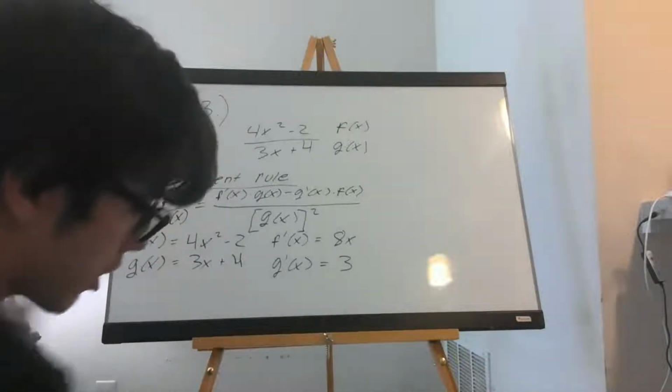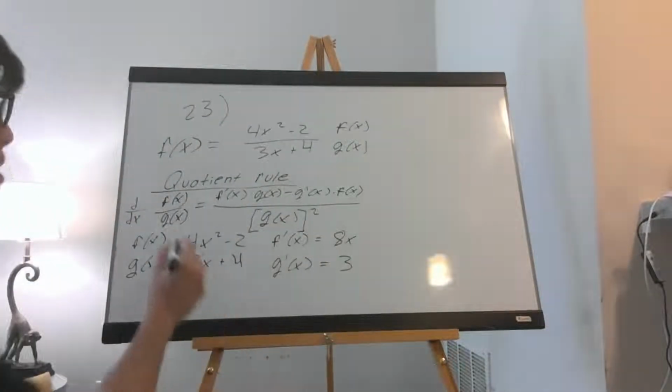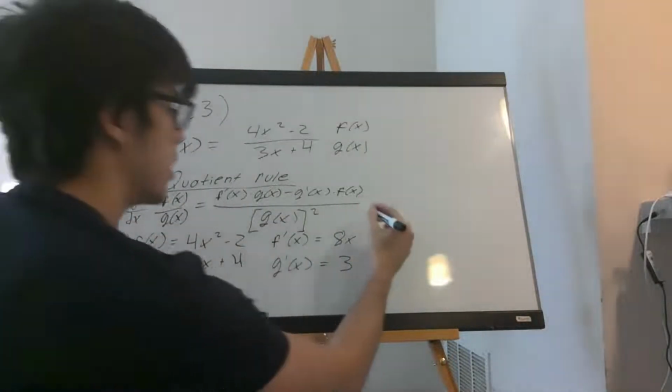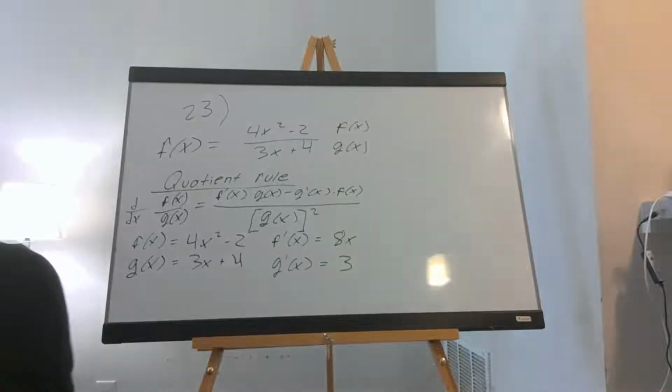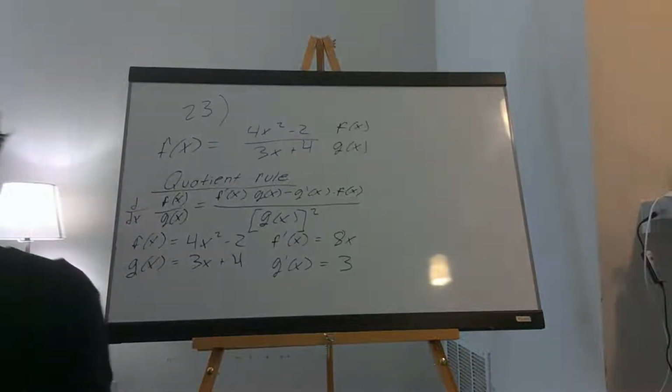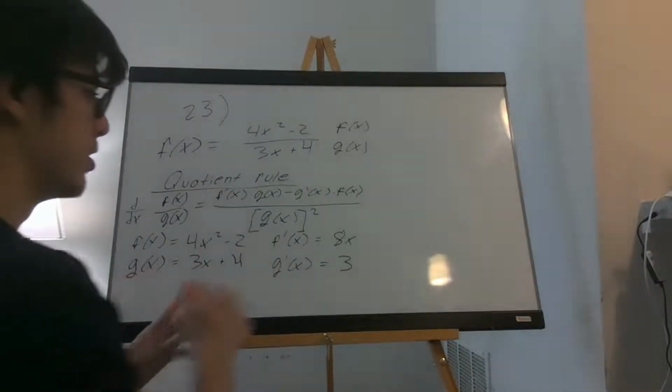You know what? I'm just going to put this down. So f prime of x, I'm going to write this in red so it's easy to see. I'll work all the algebra on this side of the board.